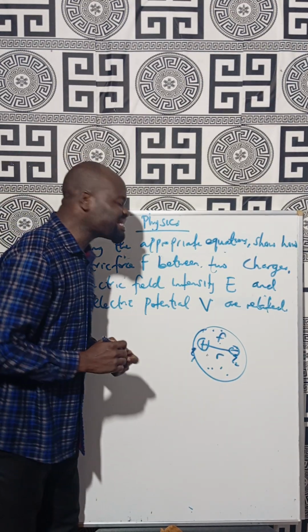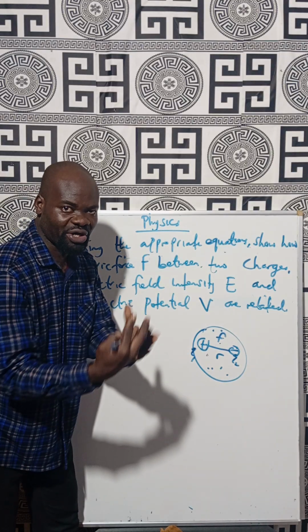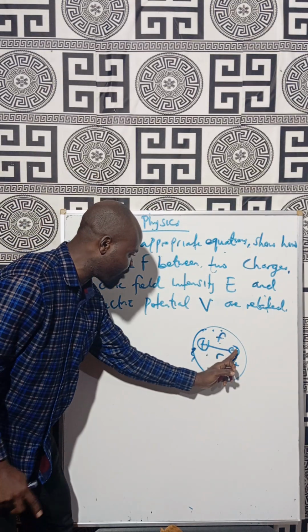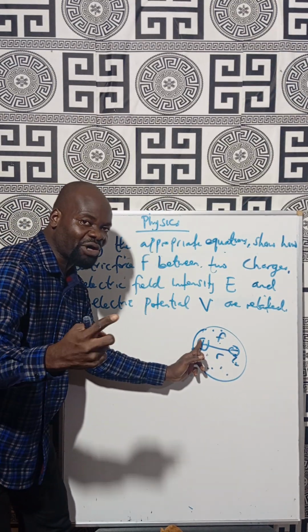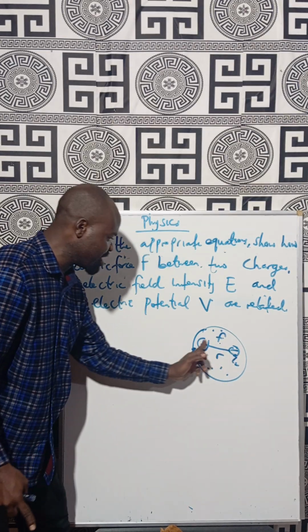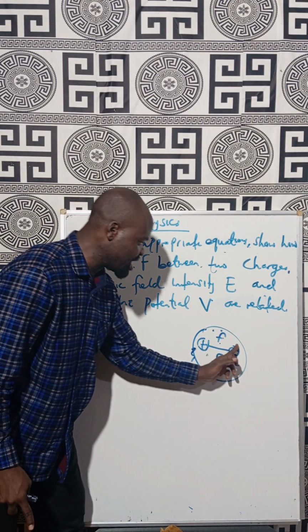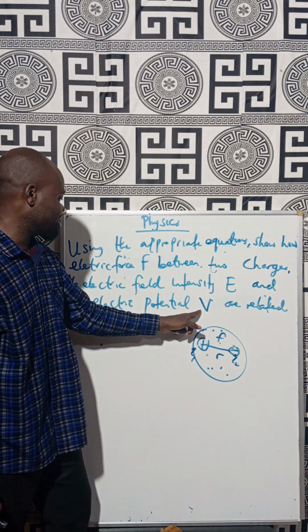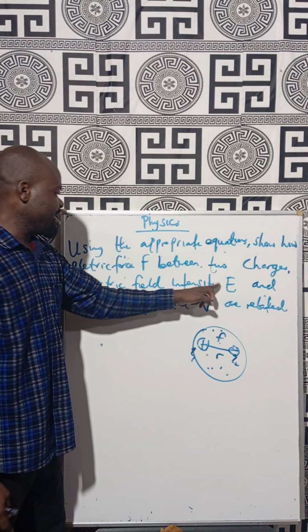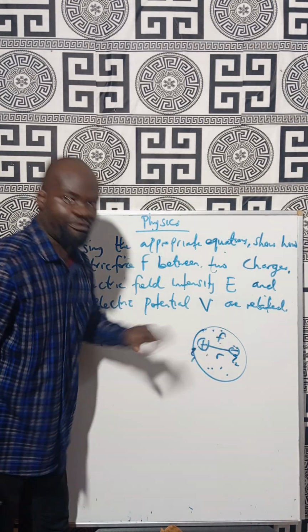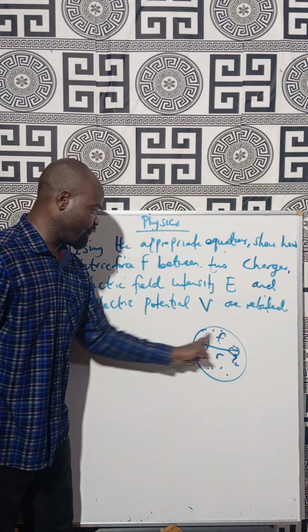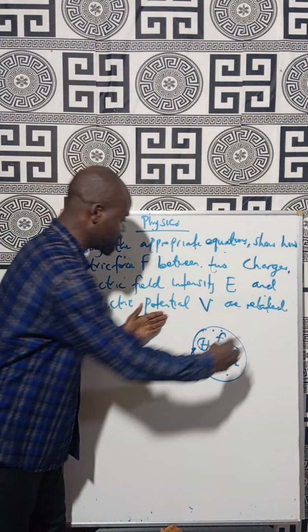Electric potential is the work done in moving the charge from one point to another. That work done is called my electric potential, while my E is the strength of that field, and my F is the force of attraction or repulsion between the two charges.